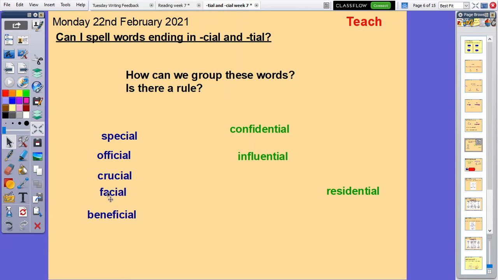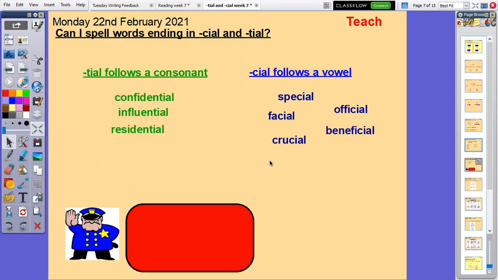So you can see each of those have got a vowel before the C, and hopefully all my green ones have got a consonant before the T. So confidential, influential, and residential. Now you notice actually that all of these have got N's, so perhaps it's worth investigating. Does it have to be an N? Are there any shall words that end that don't have an N but have a different consonant? Be interesting to find some. So there we go, I've grouped them like that.